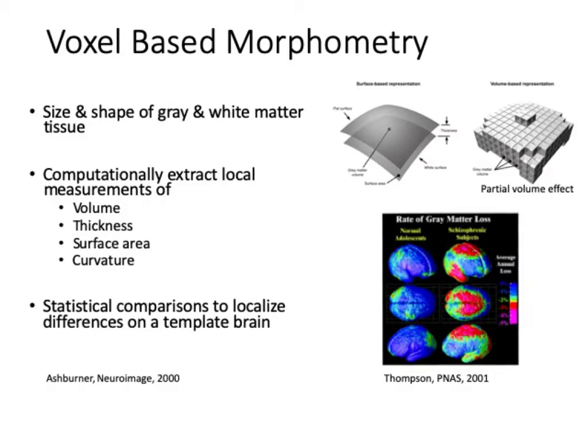The second approach to assessing structural brain parameters is to try to fit a surface, a sheet, onto the upper boundary and lower boundary of the gray matter tissue layer as well as the white matter tissue layer.